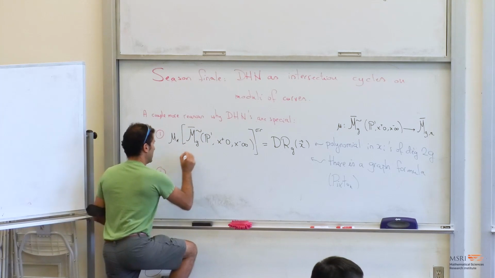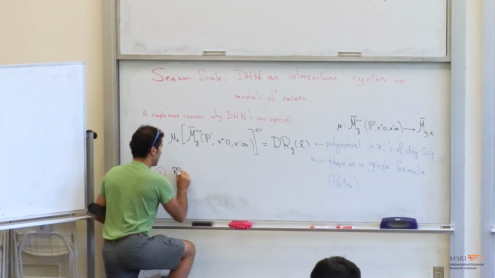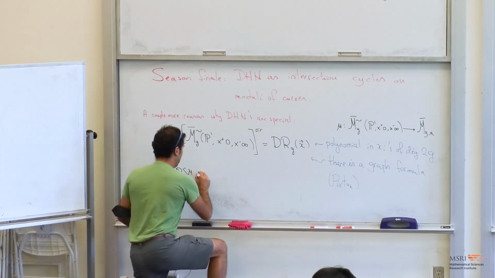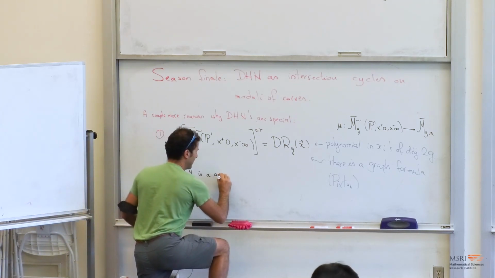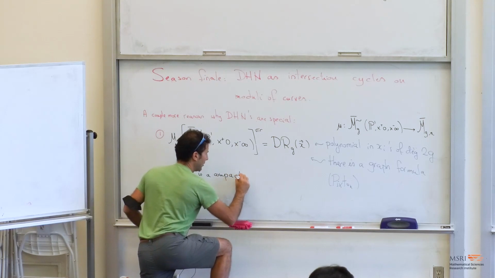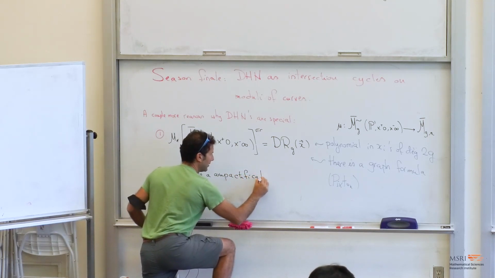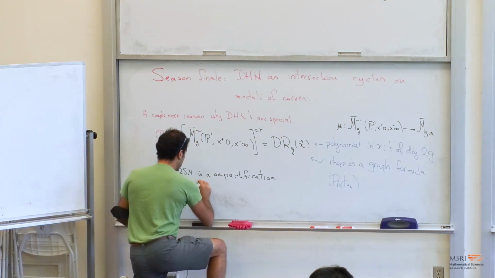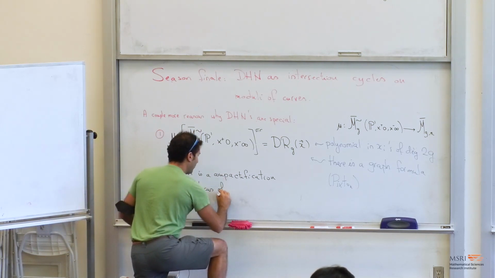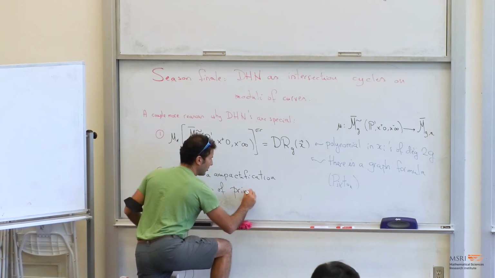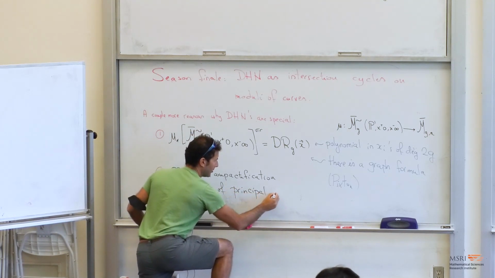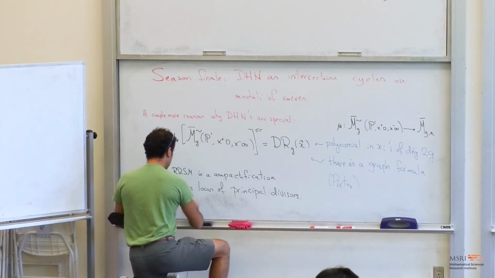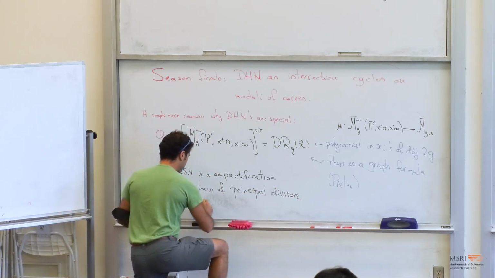so this space, the rubber relative stable map space that we're talking about, is a compactification of a locus of principal divisors on curves.